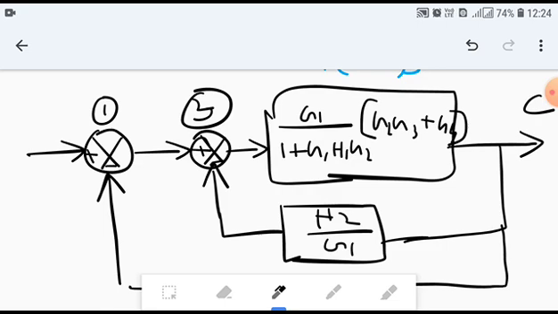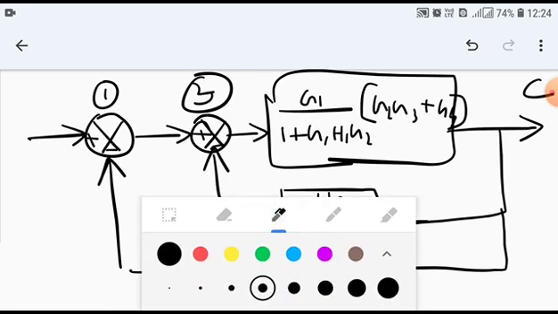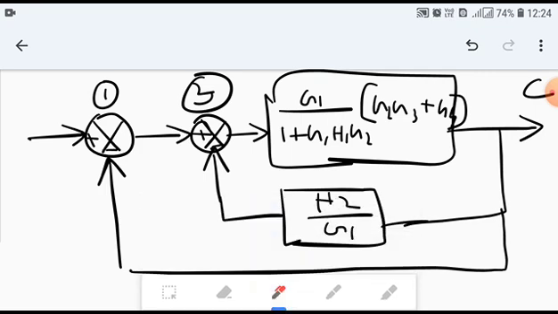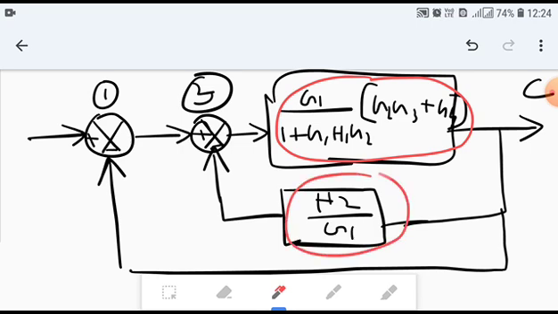Now you have to understand this very carefully. Here is the point, I'll change the color. This is a complete block of G1 by 1 plus G1 H1 G2 into G2, G3 plus G4. To this block, this H2 by G1 is in feedback.